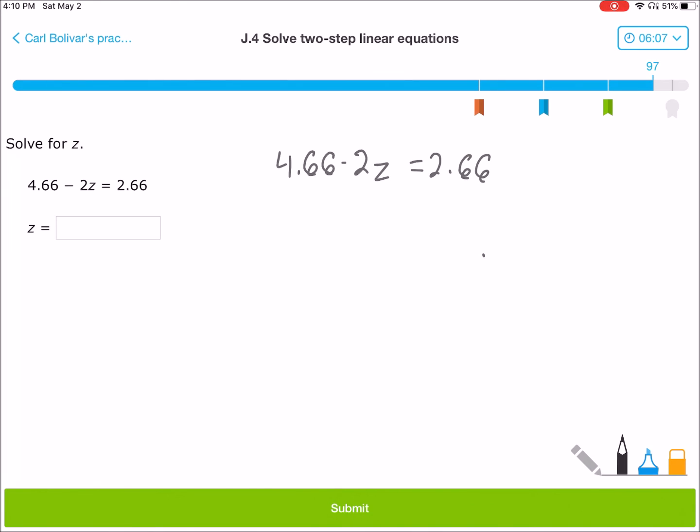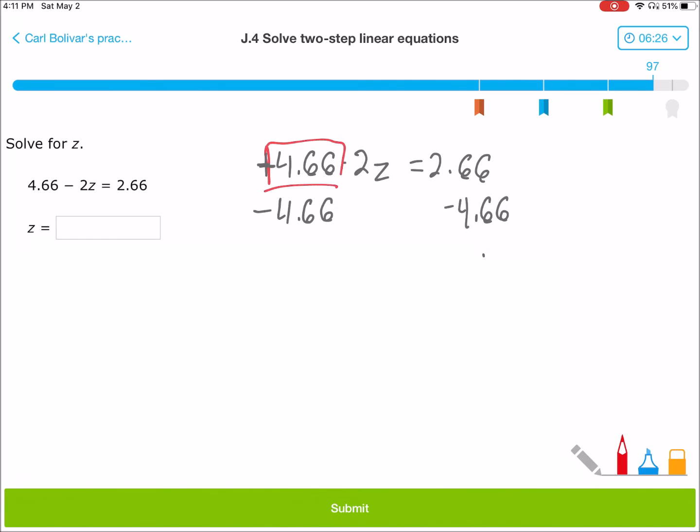Now we have this right here, and we're going to try to put it to the other side. So we will subtract 4.66 from each side, right? Since this is a positive number right here.